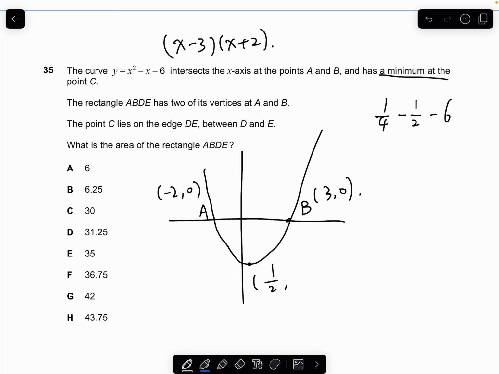Let me check. Yes. Like this. A, B, D, E. Something like this, I guess. Okay, so this will be 5 times this.